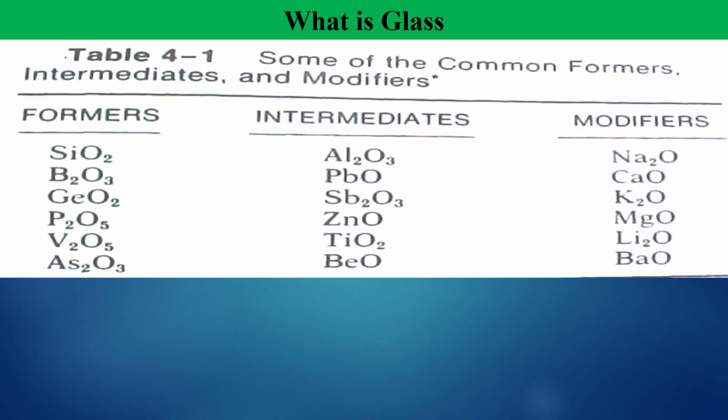Former means the ingredient by which the glass is formed, SiO2, as we have already seen in the previous slide. Then there are intermediate compounds added, and modifiers. The modifiers are used for changing different properties as per the requirement. So this is the composition of glass, and it is important to know it.